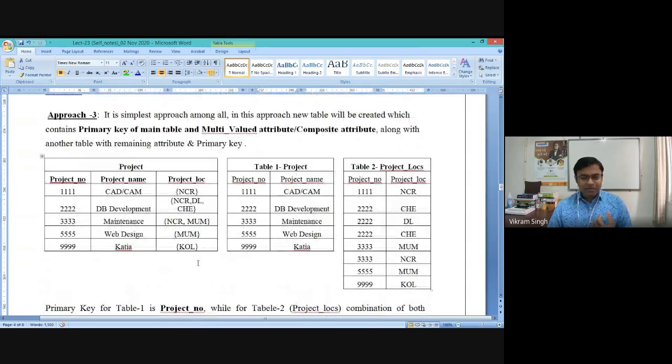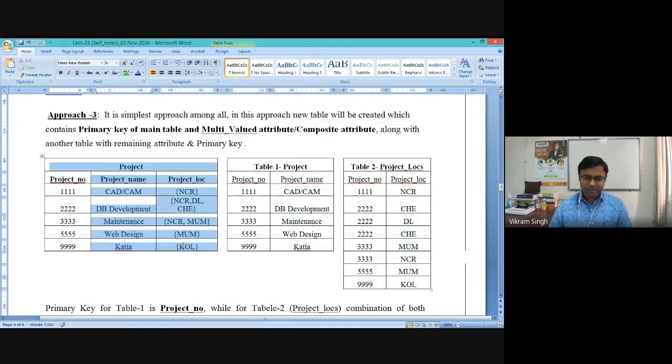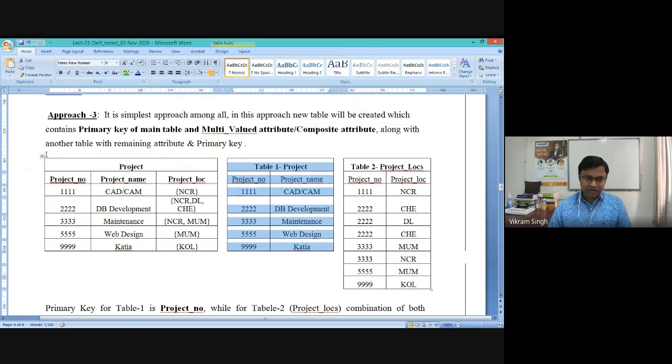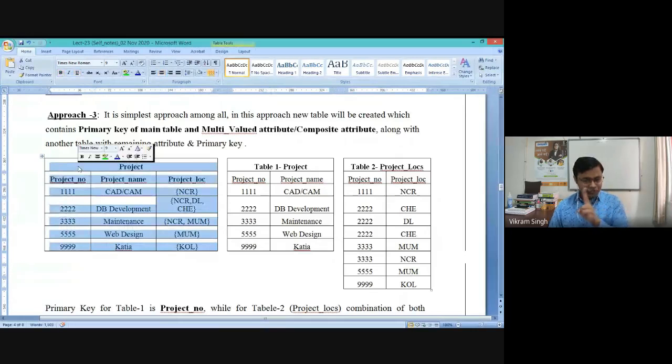There we have simply created a different database table, right? So this is your initial table. Now this original table has been split into 2 database tables.